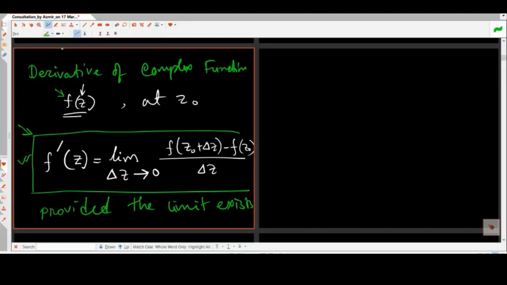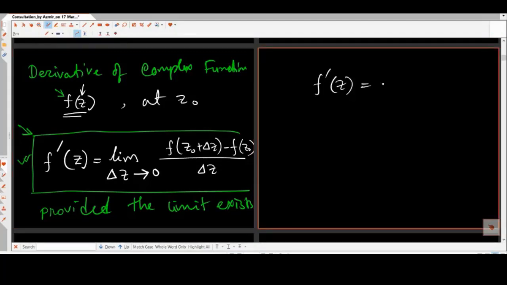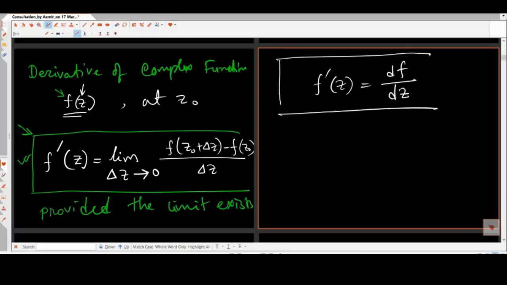We can write f prime(z) as df/dz, or we can use an alternative notation. You already know that any complex valued function f(z) can be written as w equals f(z).